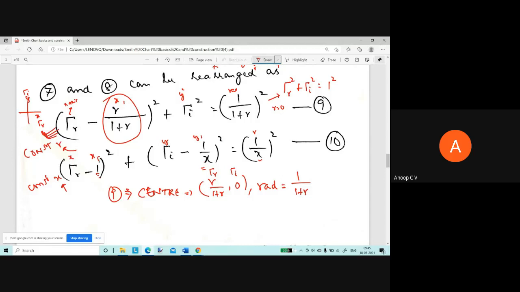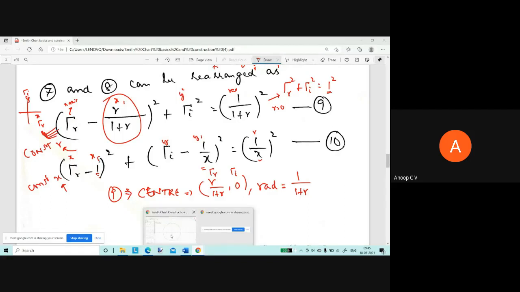Please, all of you, please try this. If you passively listen, it's going to be difficult. So please do try to get engaged and involved. So for r equal to 0, I am getting a circle which is centered at origin and radius is equal to 1. Is it so?